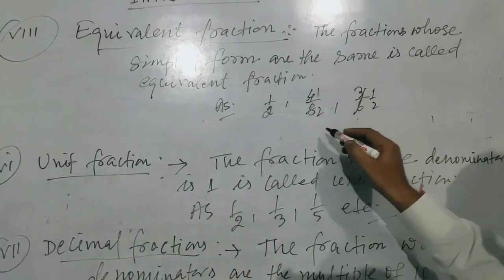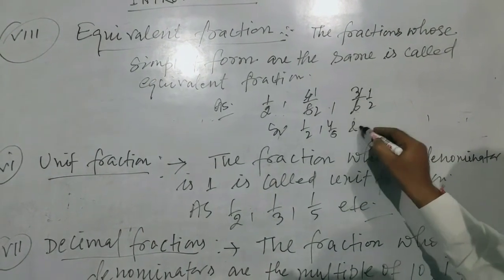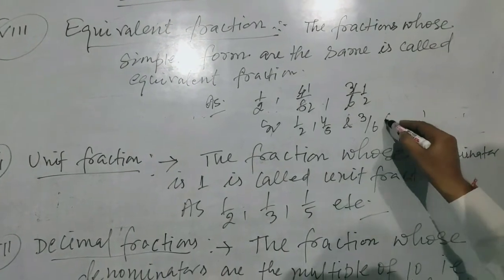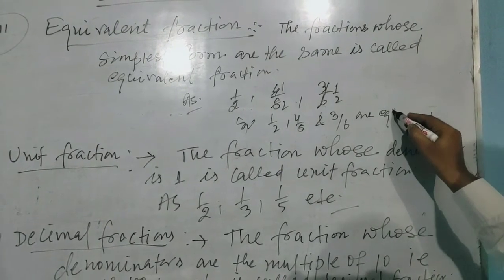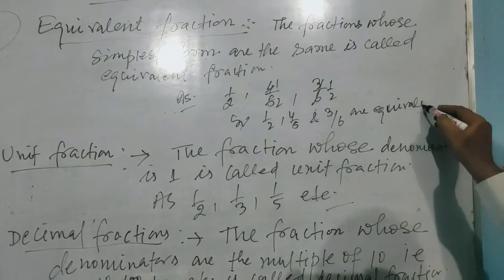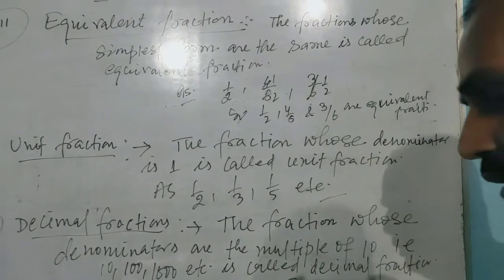So 1 by 2, 4 by 8, and 3 by 6 are equivalent fractions. Okay?